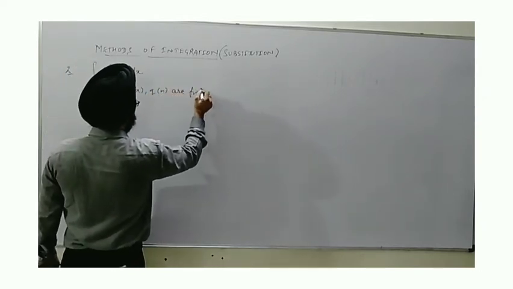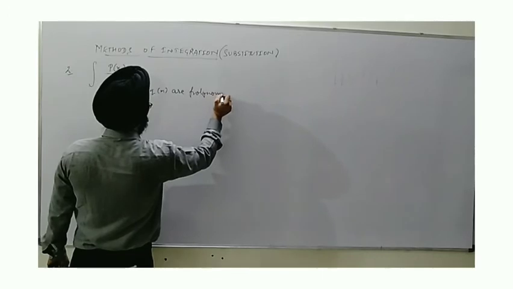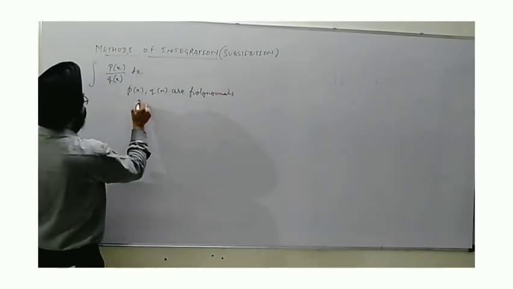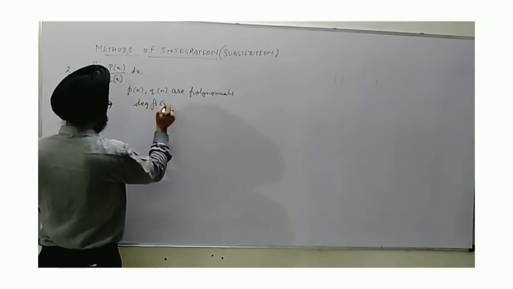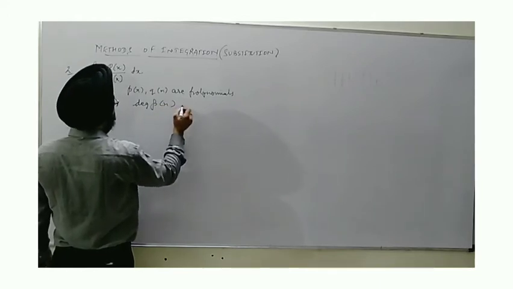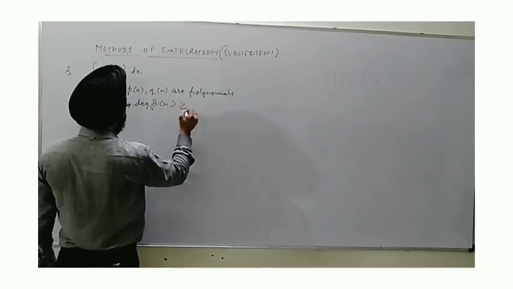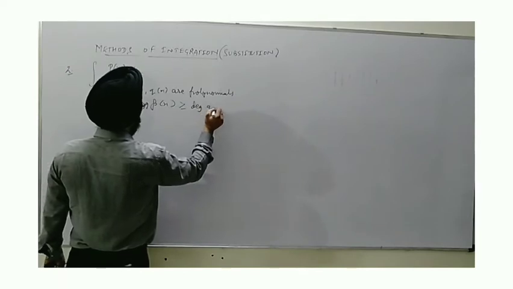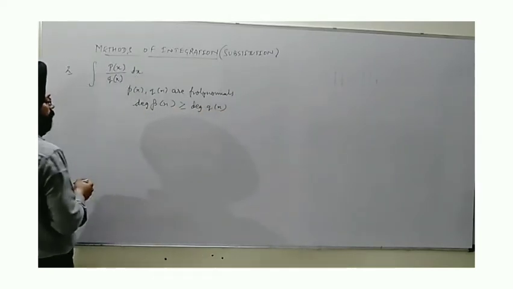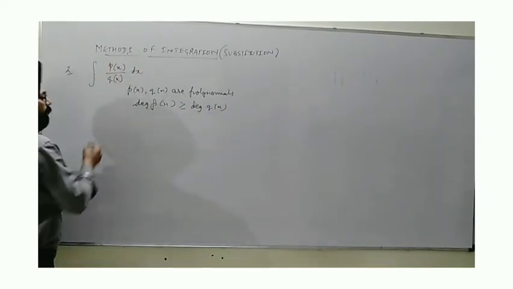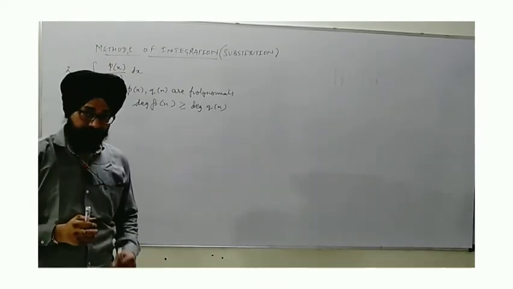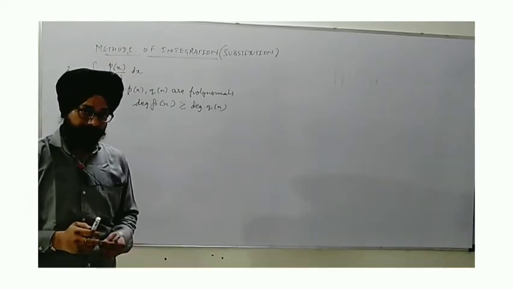And the degree of px is greater than or equal to the degree of qx. This thing you have to keep in mind. Means the numerator's degree is more than the degree of the denominator.